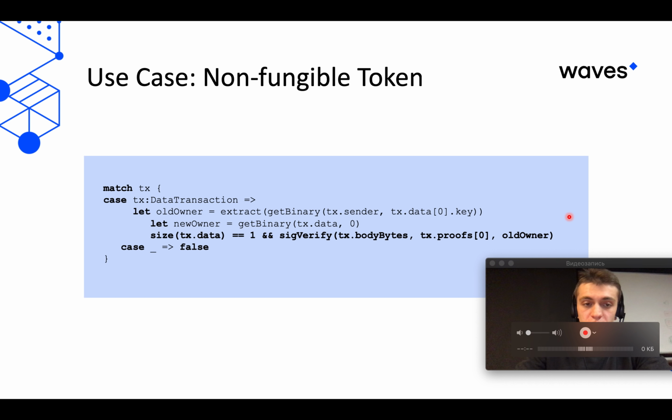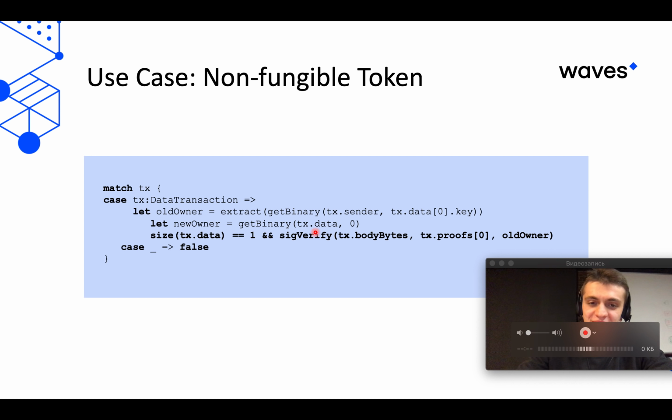To do so, we just check that this outgoing transaction, tx is a global variable, it's available in your contract. We check that this outgoing transaction is a data transaction. We get the old owner's public key. We extract it from the key. We just check the new owner.